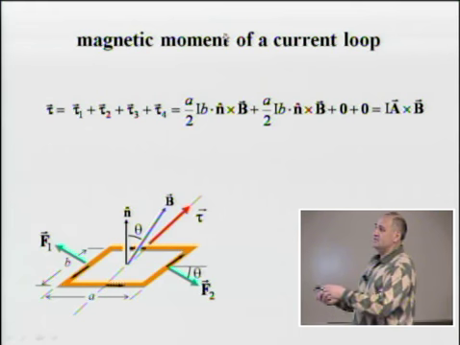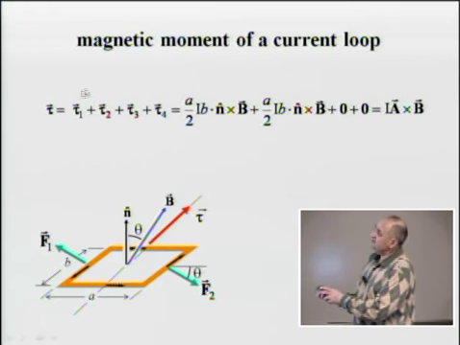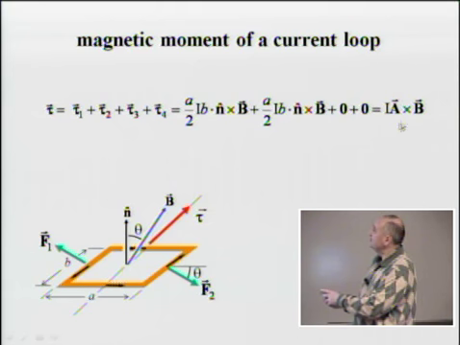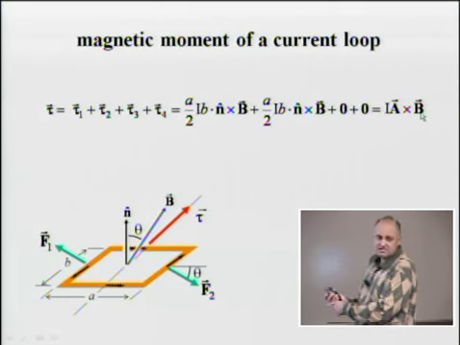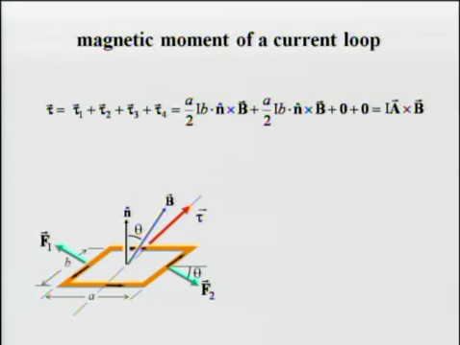All right. We made here a conclusion that magnetic torque exerted on this loop is equal to the product of current and the surface vector with magnetic field vector. What is then the magnetic moment of that loop?